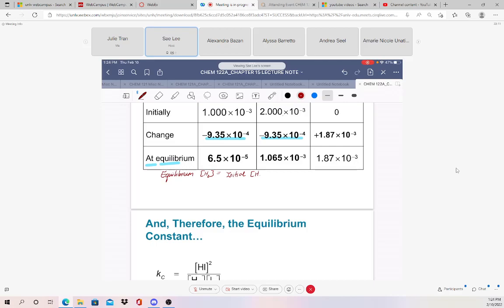It is going to be the initial concentration of hydrogen minus the change in hydrogen concentration. So that's going to be 1 times 10 to the negative 3 minus 9.35 times 10 to the negative 4. That equals 6.5 times 10 to the negative 5.